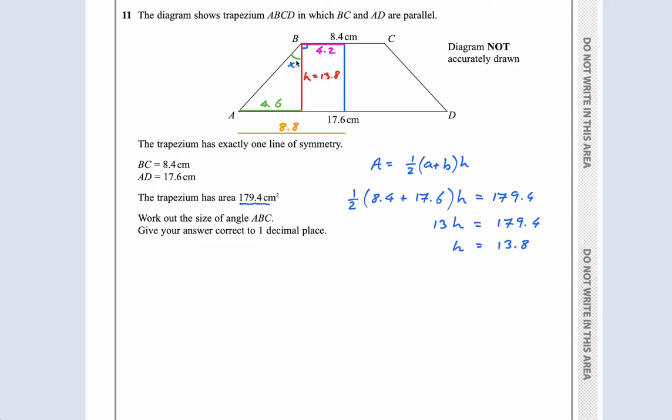Anyway, in this triangle here, I have the opposite and I have the adjacent. Hence, I'm going to use tan. So tan of x equals opposite over adjacent, 4.6 over 13.8. And x is then the inverse tan of this.